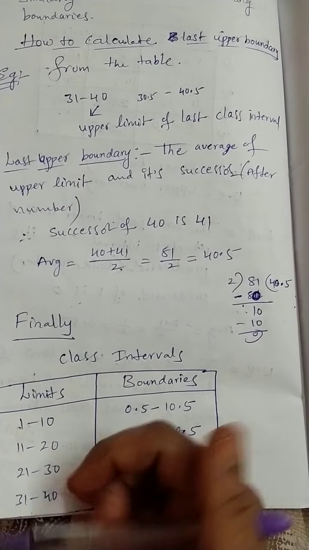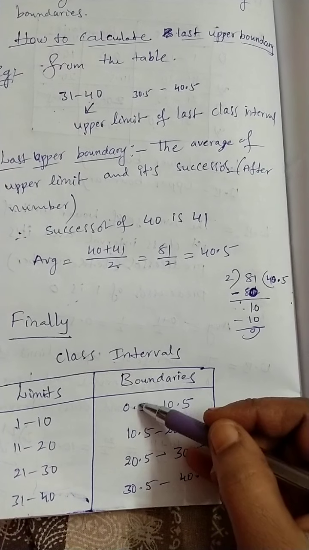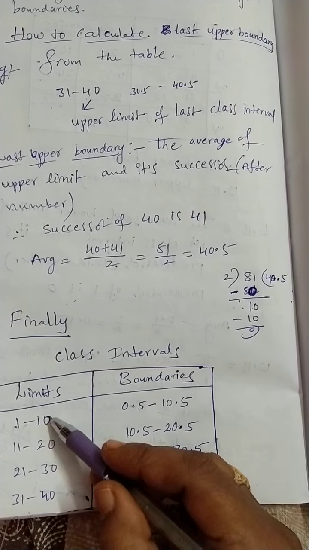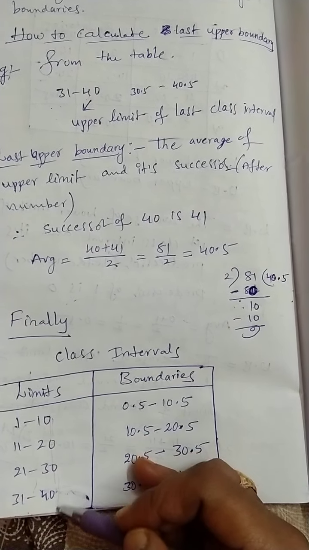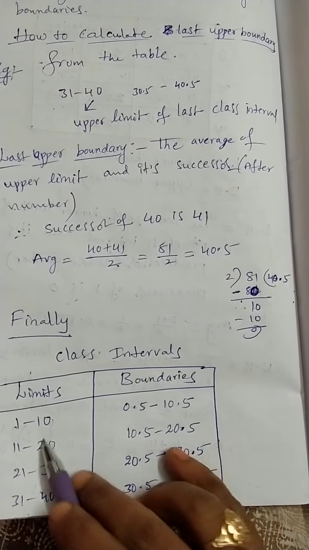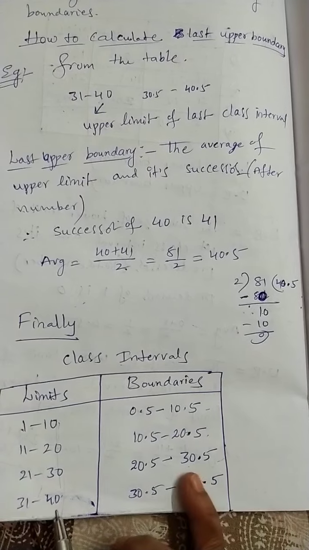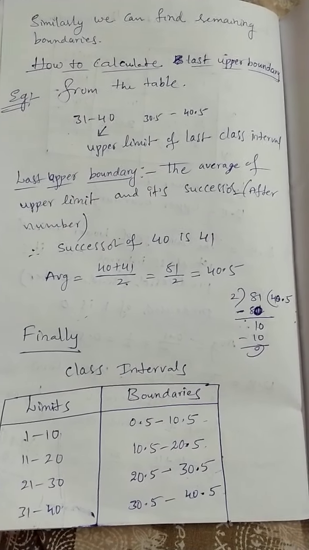So by reducing 0.5 from the lower limits, you get all the lower boundaries. For the upper limits you add 0.5. So 10 means 10.5, 20 means 20.5, 30 means 30.5, 40 means 40.5. This is the simple short way you can remember.